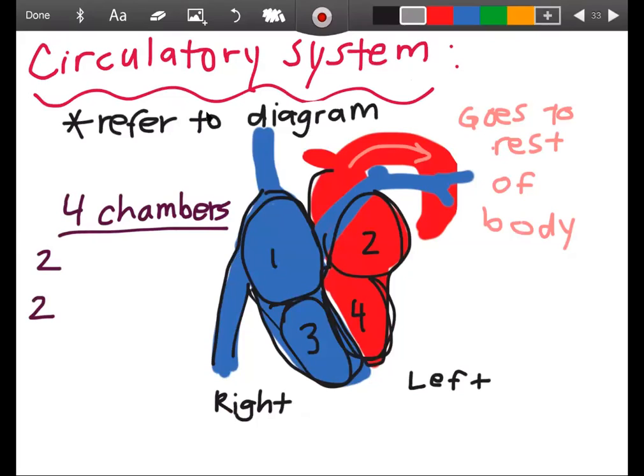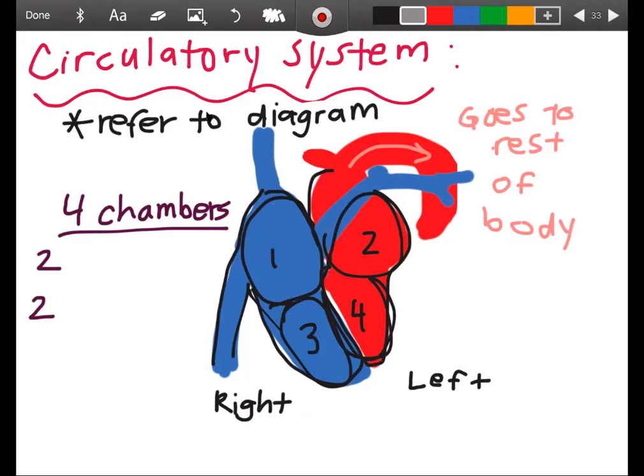It's going to take that oxygen, which it needs to give to cells. The blood that is oxygenated, which means it has oxygen, is going to be distributed to the rest of your body. It's going to give all of your cells oxygen, and then each of the cells is going to give the blood whatever waste products it has, which is carbon dioxide. And that means the blood would not be oxygenated.